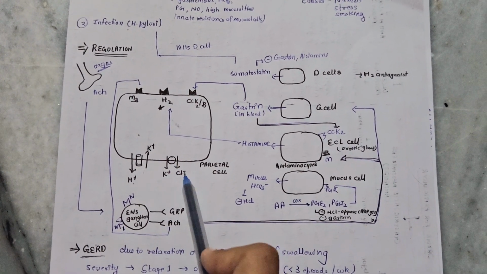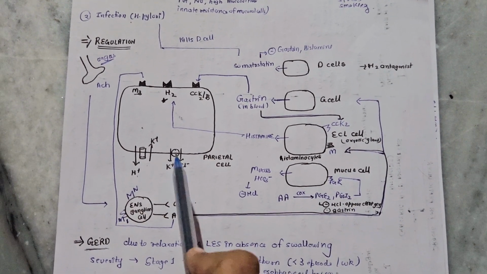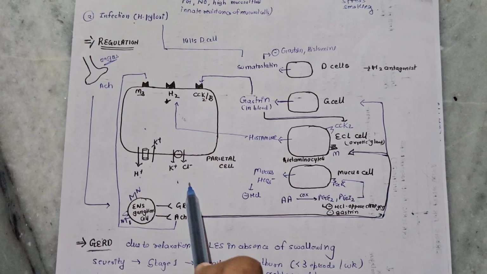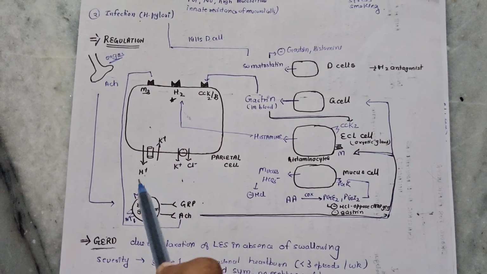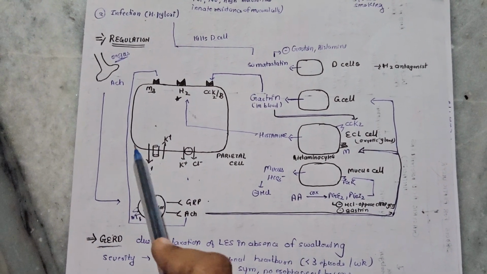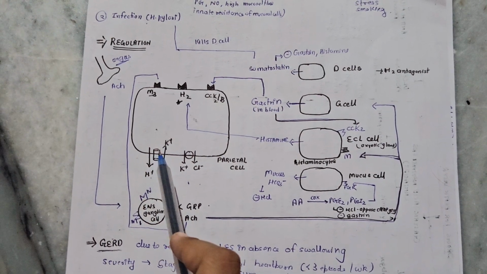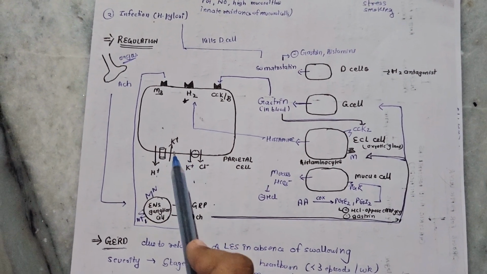And the potassium and chloride are released with the K plus Cl minus symport. So Cl minus is also secreted and H plus is also secreted, which leads to secretion of HCl. Now the H plus K plus ATPase requires ATP for its action.